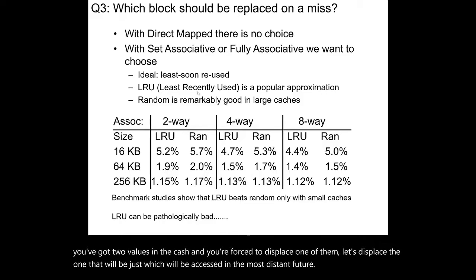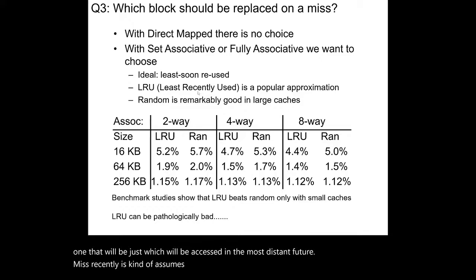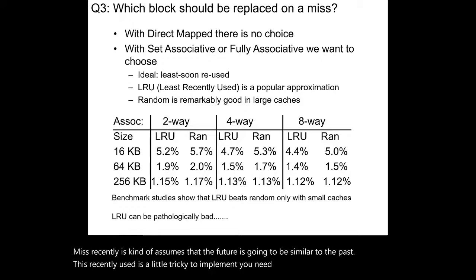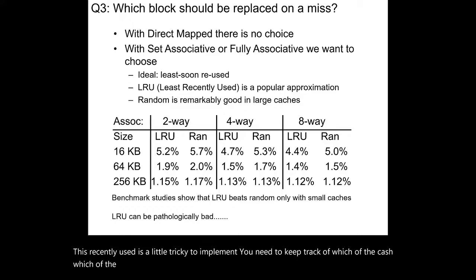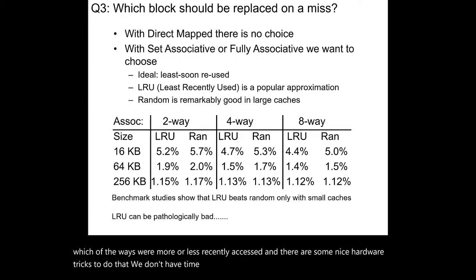Least recently used kind of assumes that the future is going to be similar to the past. Least recently used is a little tricky to implement. You need to keep track of which of the ways were more or less recently accessed. And there are some nice hardware tricks to do that. We don't have time for them here.